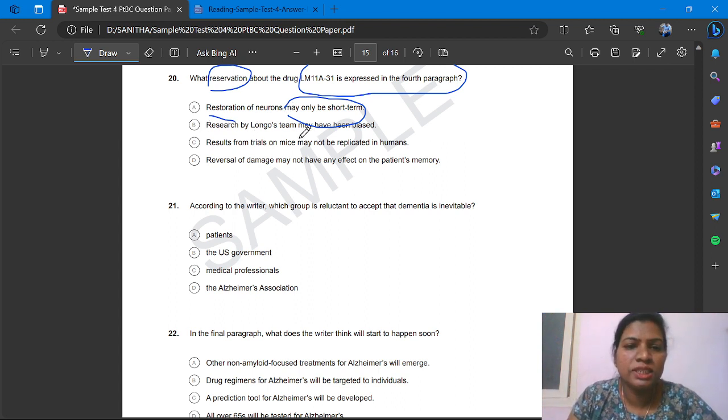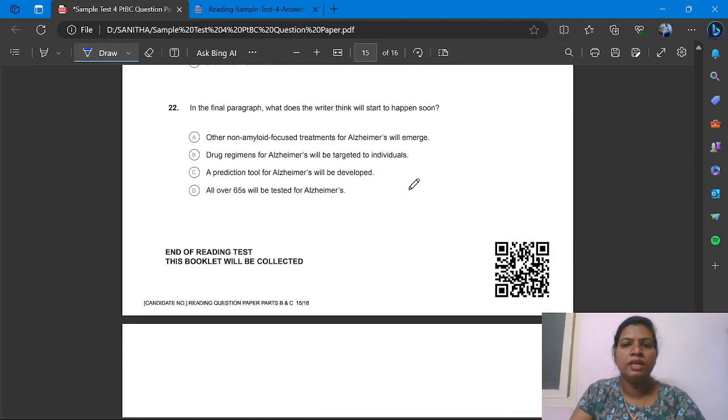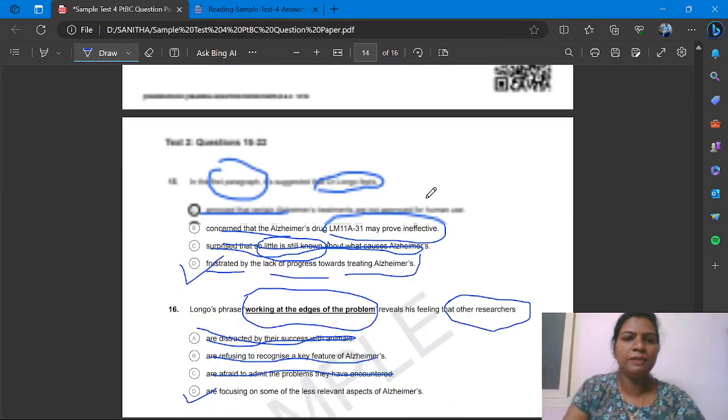Research by Longo's team may have been biased. Results from trials on mice may not be replicated in humans. Reversal of damage may not have any effect on the patient's memory. So we have to find the answer in the fourth paragraph.